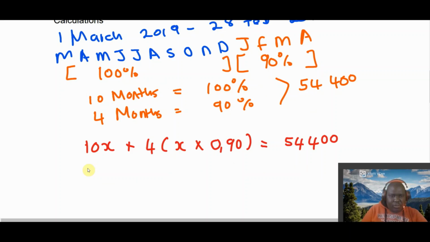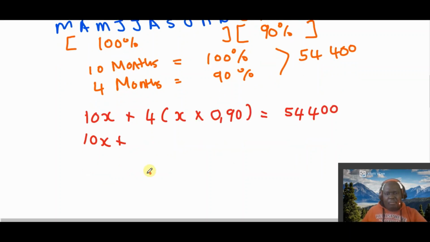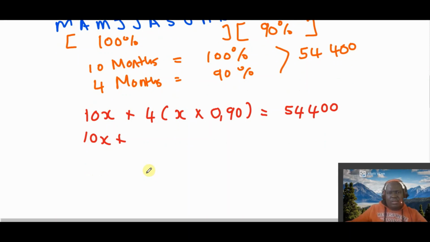So when we do that, we would have 10x plus, after multiplying this into all this, we would have 3.6x is equal to 54,400.